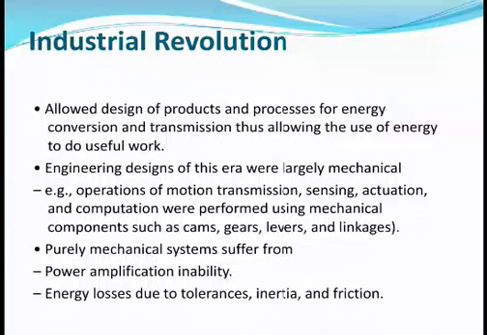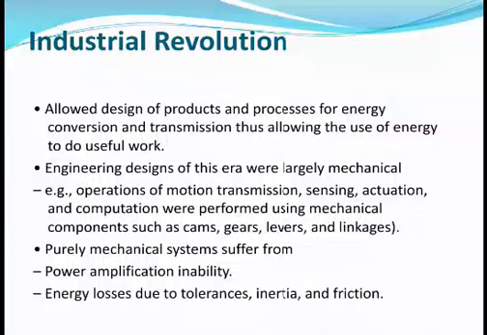For example, operations of motion transmission, sensing, actuation, and computation were performed using mechanical components such as cams, gears, levers, and linkages. So all these were purely mechanical systems, but they were suffering from a lack of power amplification ability. Whatever power they produced could not be amplified, and there were energy losses due to tolerances, inertia, and friction.